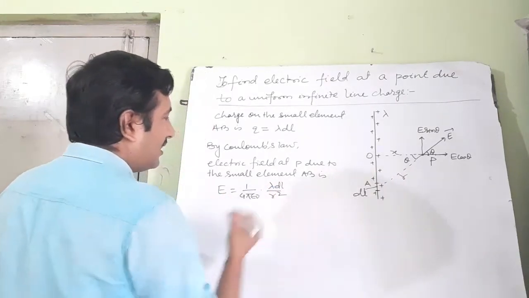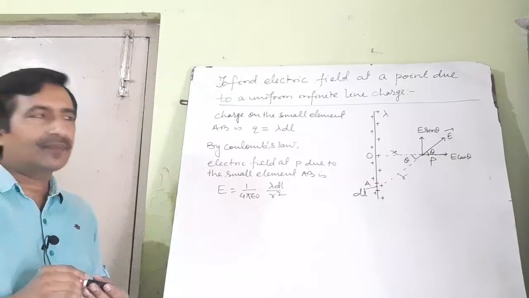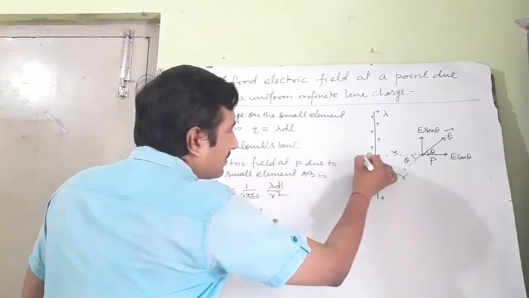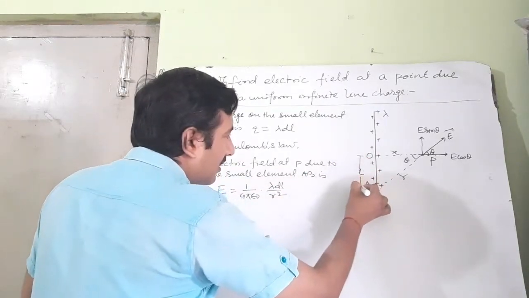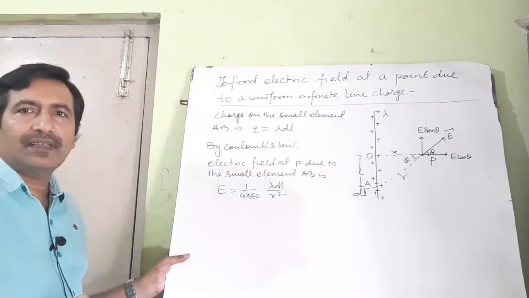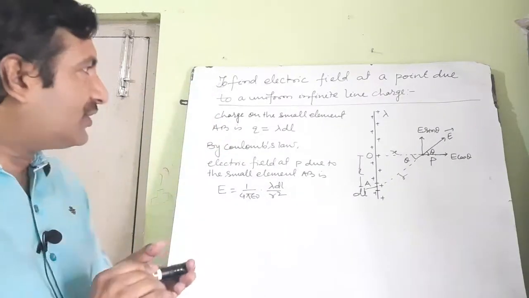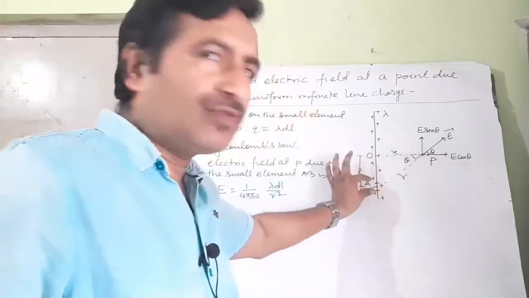Suppose this distance is L. Now, see this E cos theta due to this.